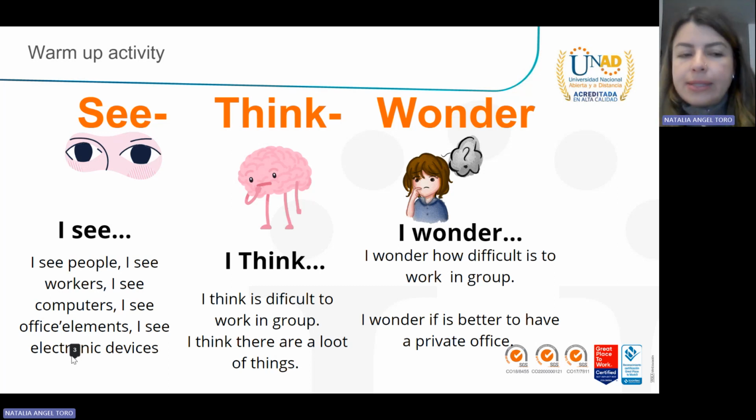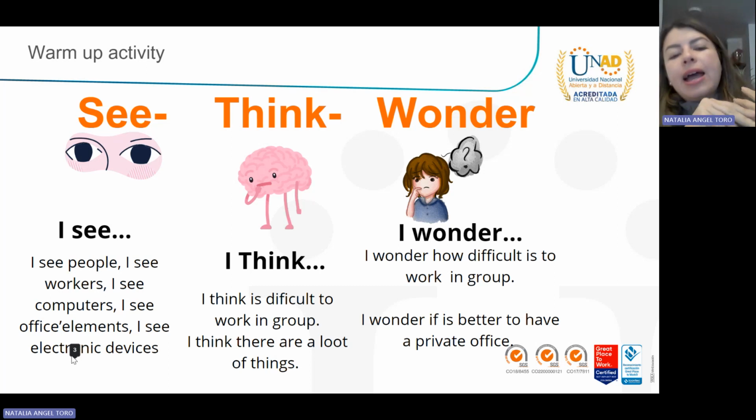For example, I see people, I see workers, I see computers, I see notebooks, I see pencils, I see a table, I see office elements, I see electronic devices. Just to describe what you see is the first step. The second step is, what do you think is going on in the picture? Why do you think this occurred? It's just to think about the picture.